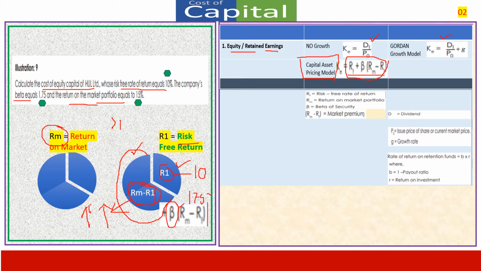And the return on the market portfolio, which means this entire thing, is equal to 15%. It is very simple. For our formula, we need to break this into R1 plus (RM minus R1). R1 is 10, overall is 15, therefore this is 5%. As simple as that. Let us proceed further.